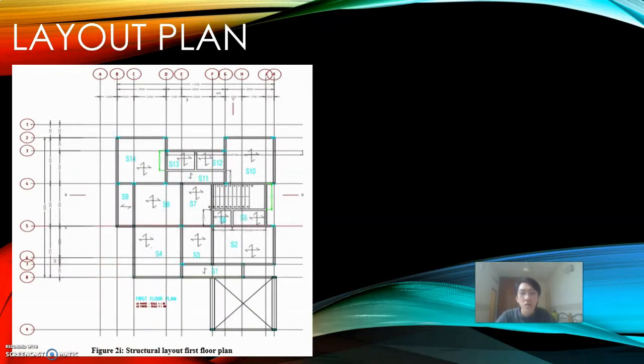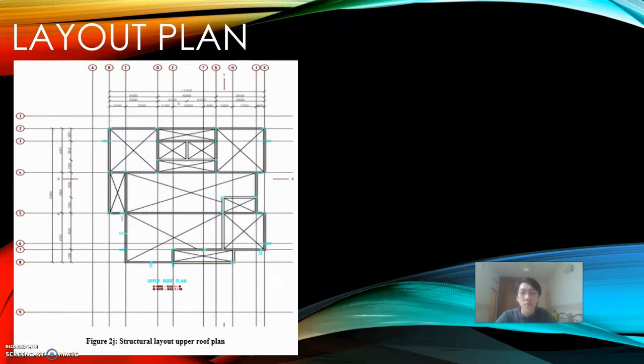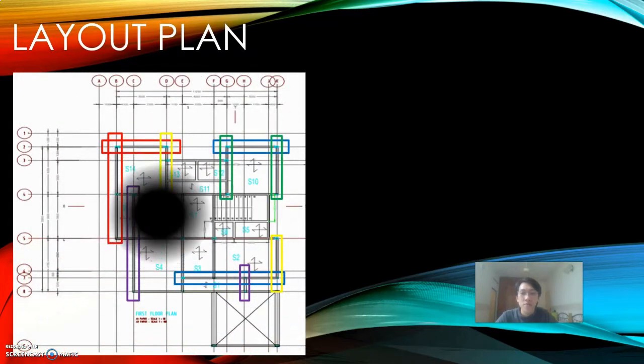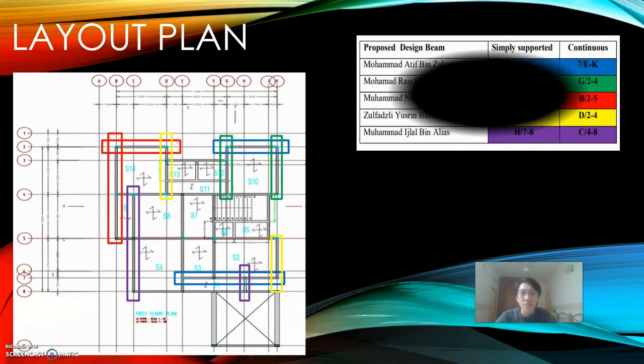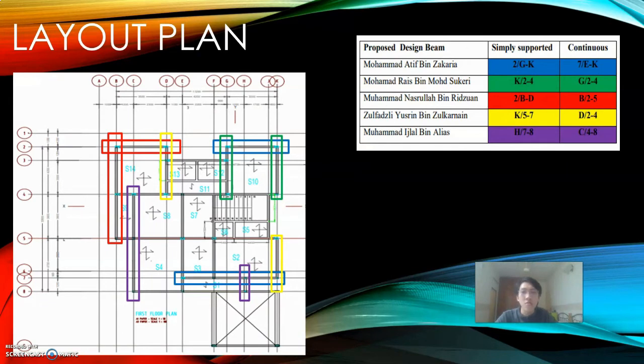Figure 2I shows structure layout first floor plan. Figure 2J shows structure layout upper roof plan. And lastly, this is the layout plan that we propose for design beam for simply supported and continuous.